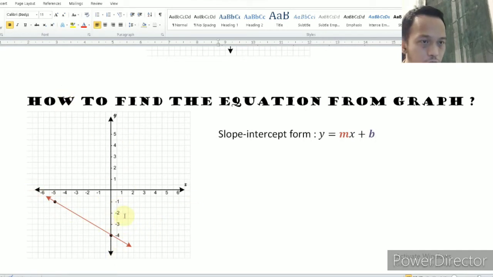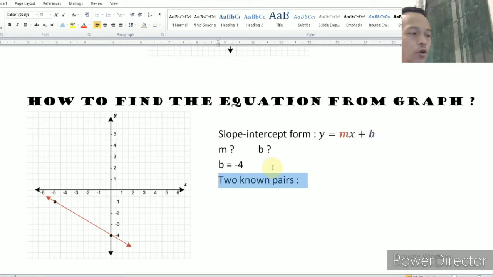For this example, I know that this is exactly 0, negative 4, and this one is negative 5, negative 1. So by referring to that, we have to find the m and the b, and the y-intercept, which is b, is negative 4. So it's an easy one, because this is obviously negative 4. Now, how to find the slope?